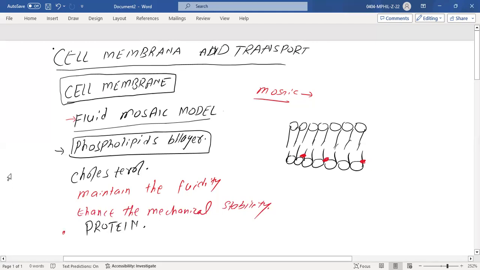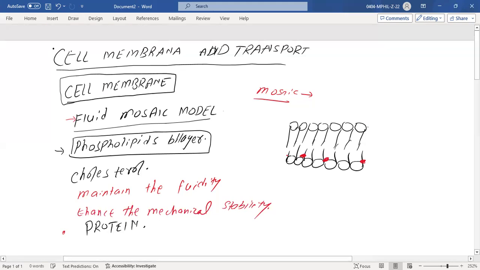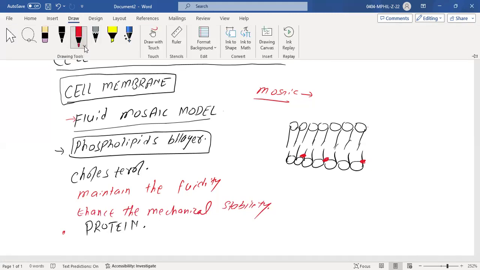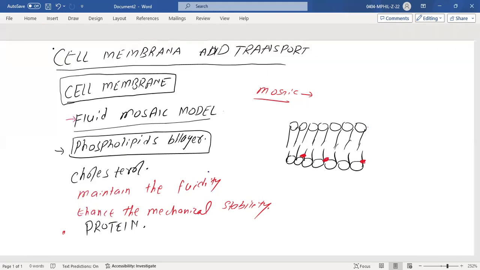If you want to show a protein structure here, then it would be like this. You may have this curve, like this. It is a protein structure, right? Like this. It is embedded in the phospholipid bilayer.